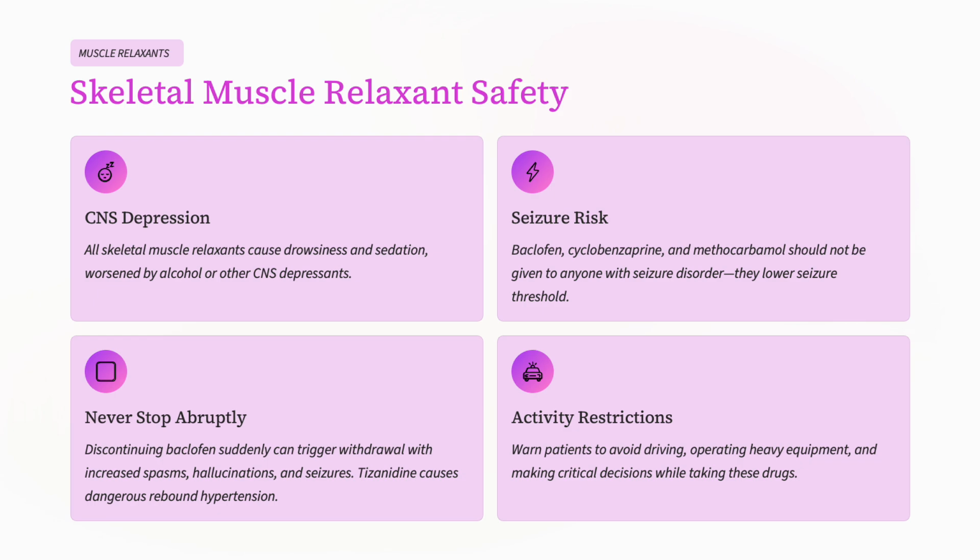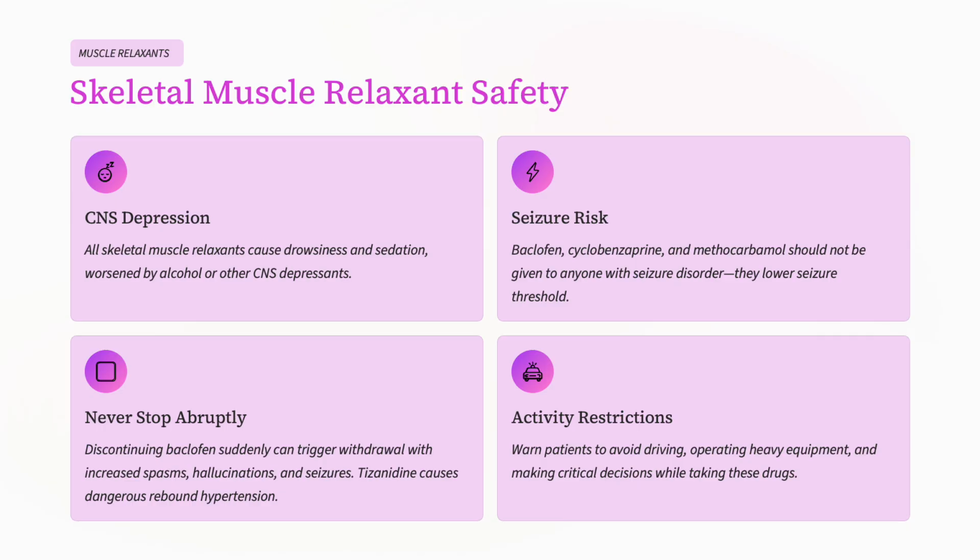We don't want to ever over-sedate a patient or cause them to stop breathing. Also, the skeletal muscle relaxants can cause a seizure risk, especially baclofen, cyclobenzaprine, and methocarbamol. You don't want to give these to anyone that has a seizure disorder, or the seizures are going to worsen.